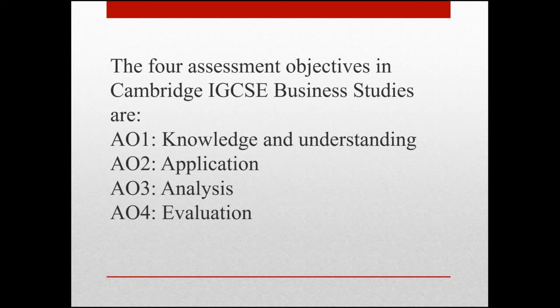The ability to explain an idea and illustrate it. And the last one, which is evaluation, is the ability to give a judgment or an opinion which is justified. Okay, so the examiners will test these four.